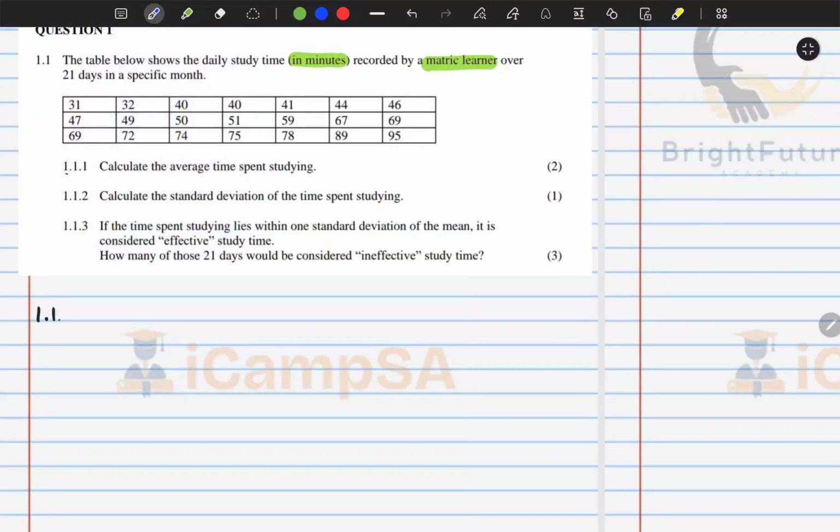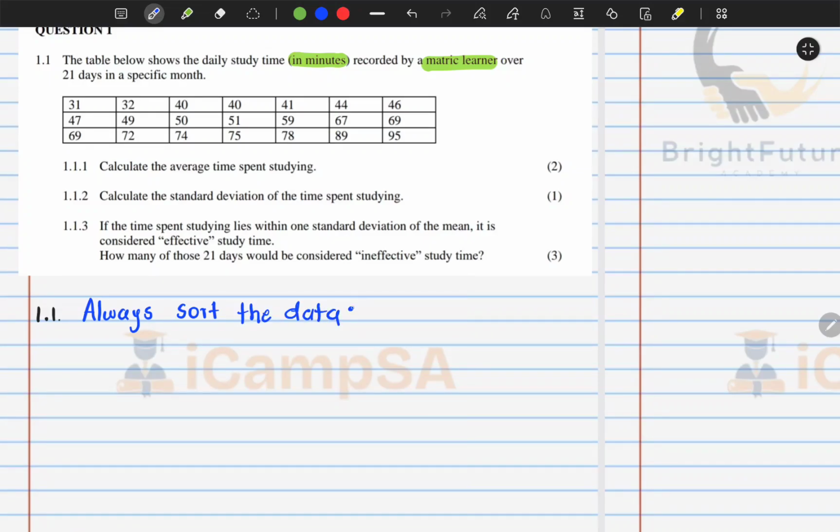In order for me to answer this one, I'm going to pivot first. What I need you to note is that whenever you're dealing with statistics, always sort the data.